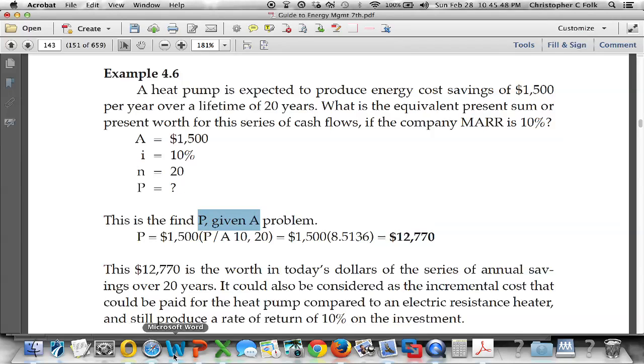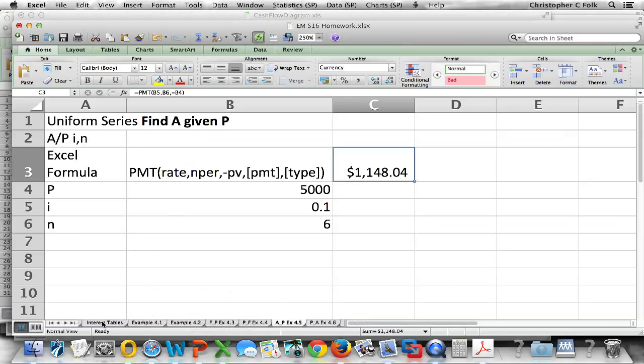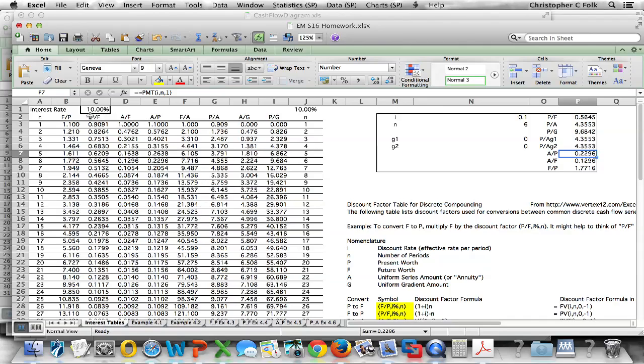Find P given A. We go back to the table. Find P given A. That's this table right here. We come over here. We're still at 10%, right? There's our 10%. We're going to come down here to the number of years, put in 20, hit enter, and find P given A. It has a multiplier of 8.51.